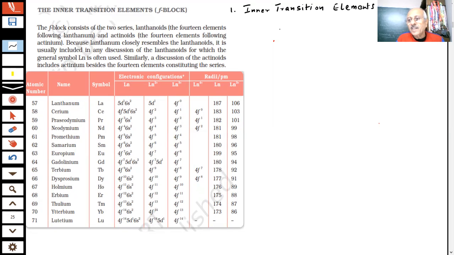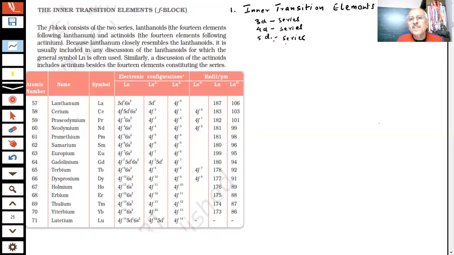When I discussed the transition series, students, I discussed the 3d series, the 4d series, the 5d series. This is another series, students.